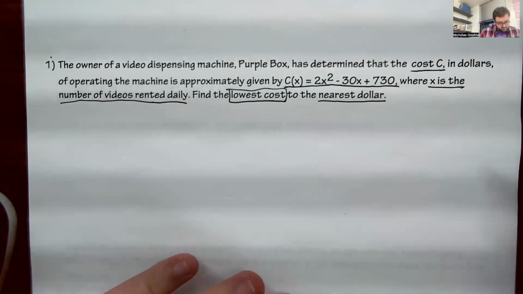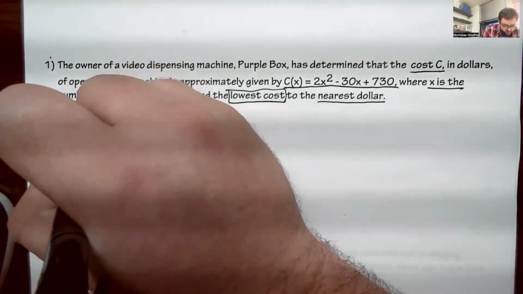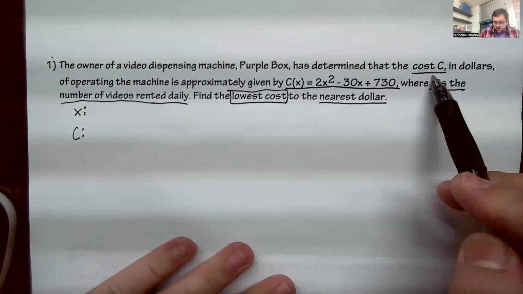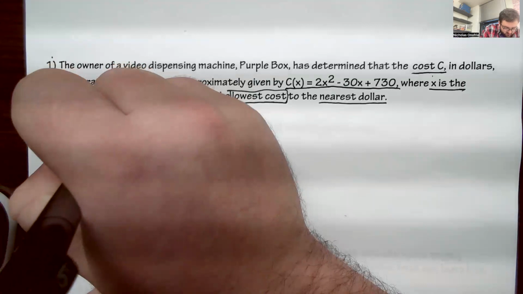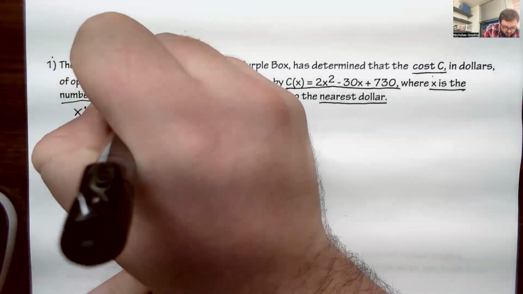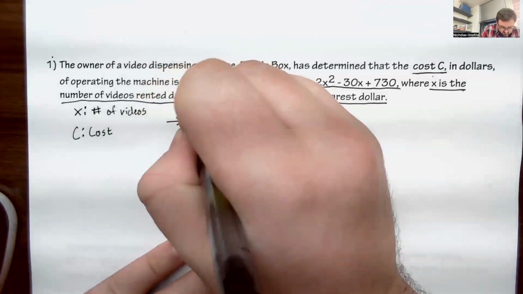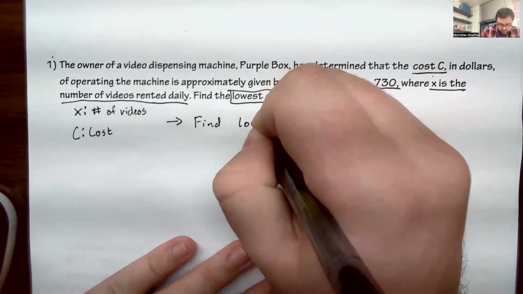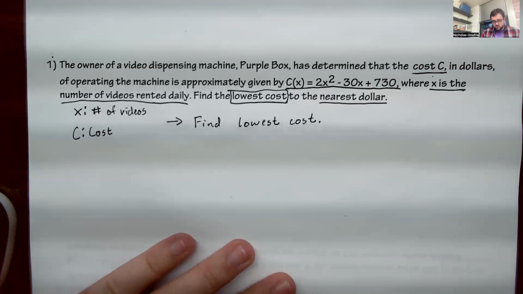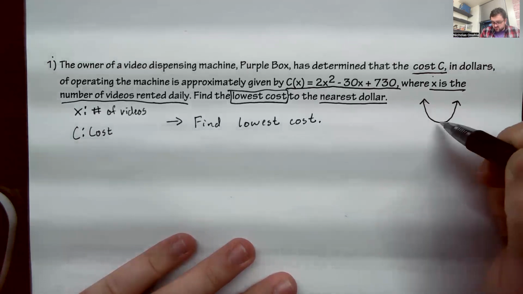Okay, so let's start just by identifying our variables again. We had X and we had C. The first thing I see when I'm reading is that the cost is going to be measured by C, and that X is the number of videos. And our goal is to find the lowest cost. Now, if we remember, quadratic graphs usually take one of two forms.